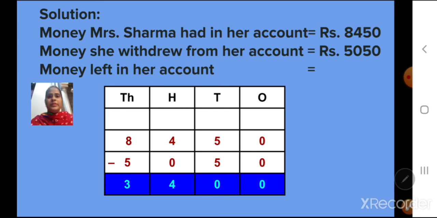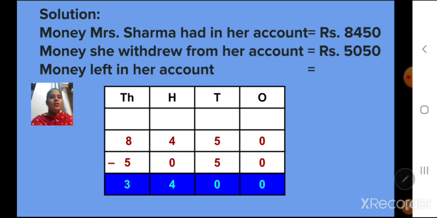Now here the first statement we are going to write as money Mrs. Sharma had in her account is equal to rupees 8,450. Then money she withdrew from her account, rupees 5,050. And the third statement will be what we have to find out, money left in her account.